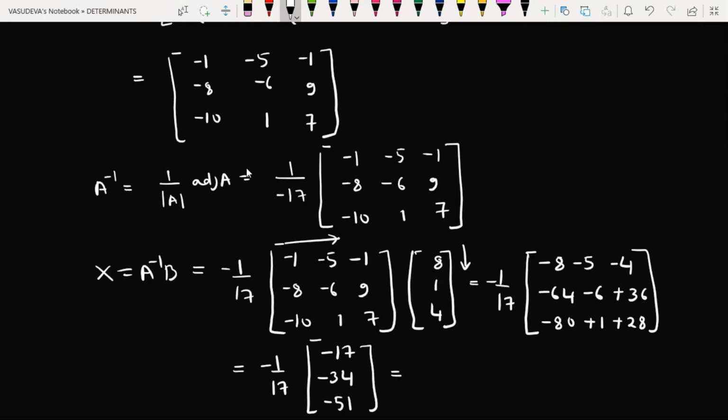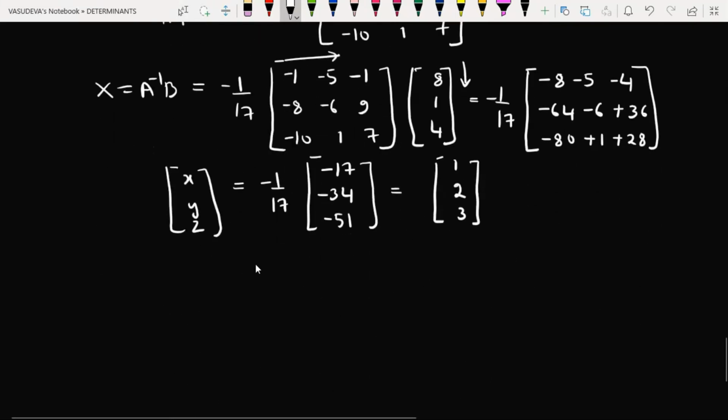So multiplying by minus 1 by 17, this is equal to 1, 17 2 is 34, 17 3 is 51. So minus into minus will become plus. So that is x, y, z.